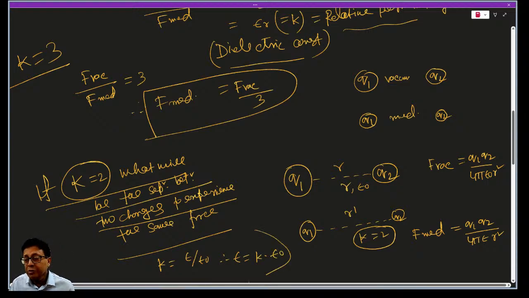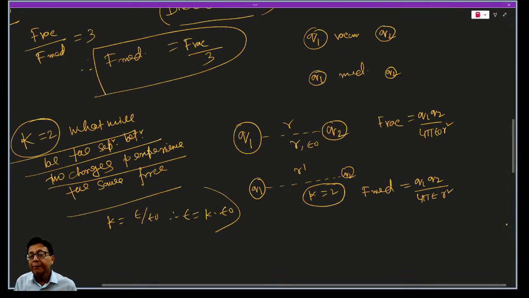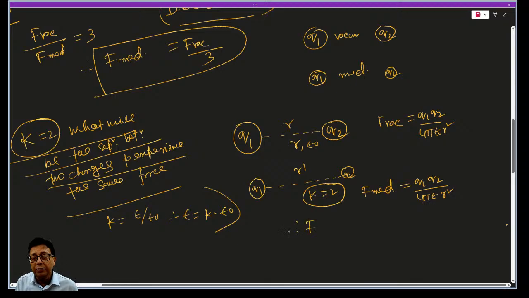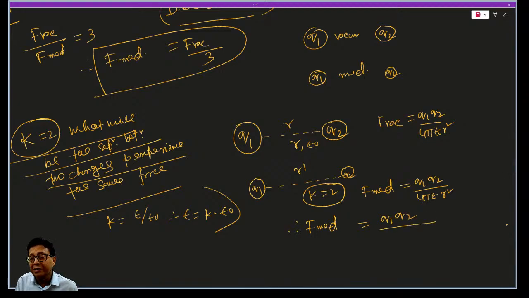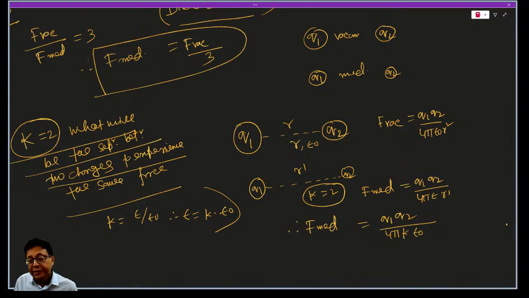So Coulomb's law has this form now. F medium equal to what? Q1 Q2 by, this is R dash. Not R, not same R. R dash. So it will be 4 pi K epsilon 0 R dash square.